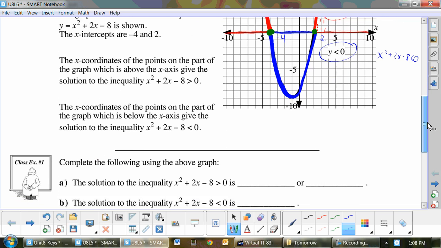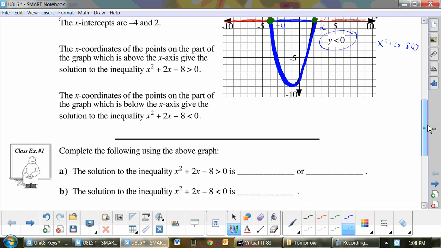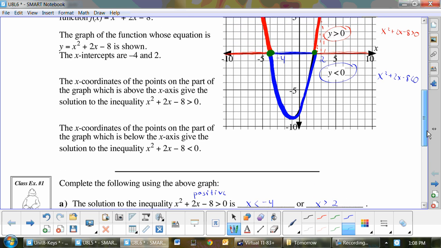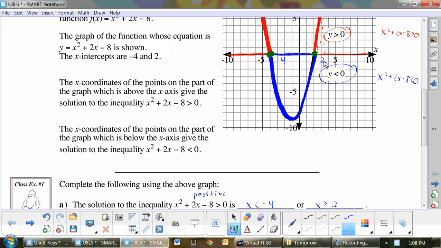We can say the solution to the inequality greater than 0 is positive when x is less than -4 or greater than 2. When x is greater than 2, it makes our graph go above the x-axis. When x is less than -4, it makes our graph go on the positive side.